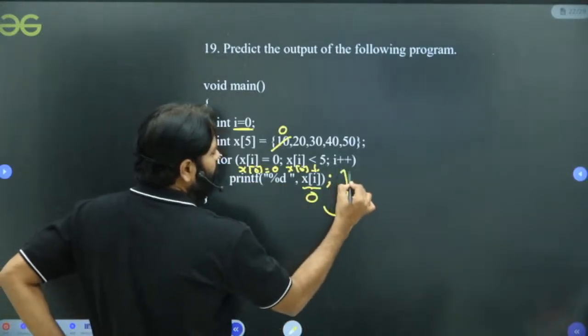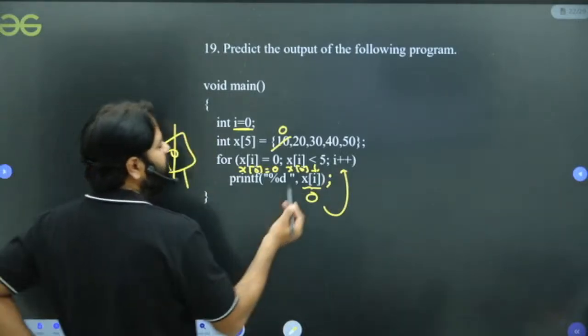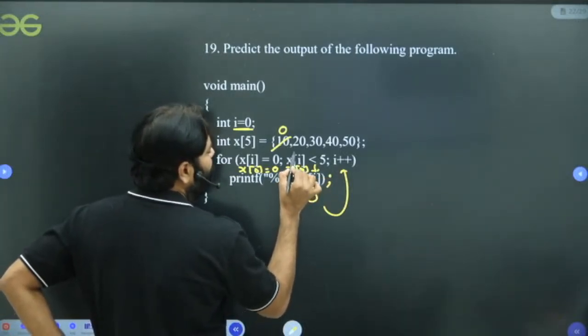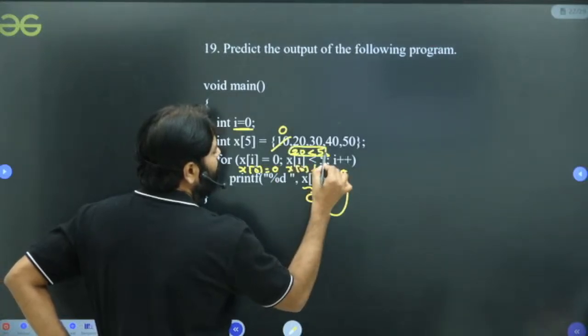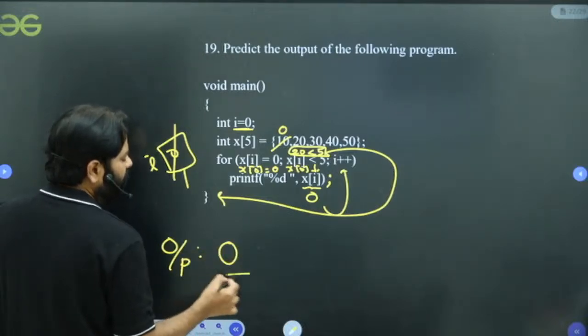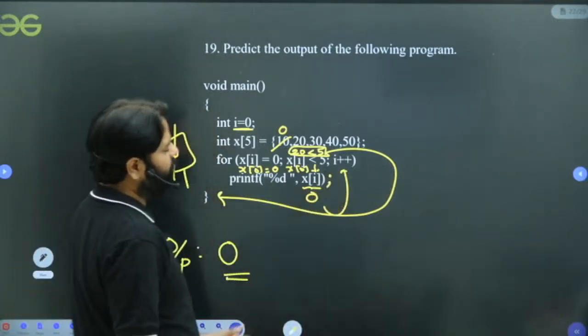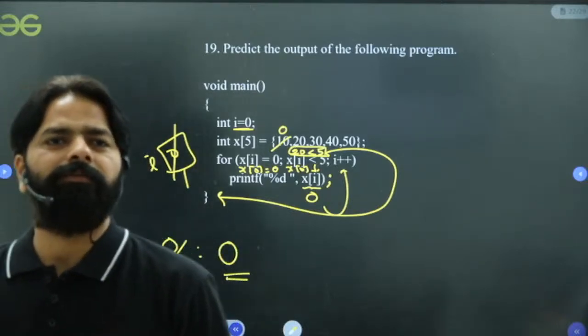And you go here, i becomes 1. Next, x of 1 less than 5, that is 20 less than 5, fails. It comes out. So only one time 0 is printed when you add a semicolon here. If you don't have a semicolon here, yes, it may produce an error.